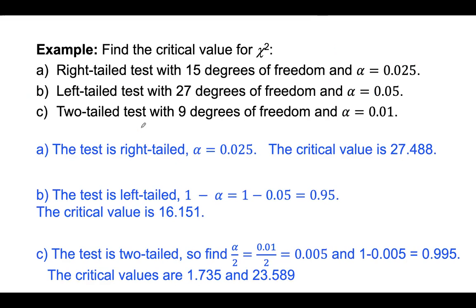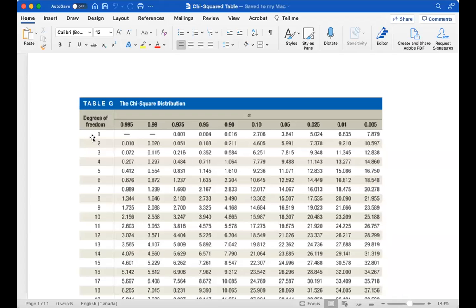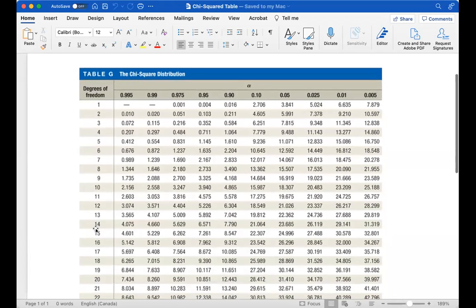So let's look at critical values for chi-square. For example, a right-tail test with 15 degrees of freedom and an alpha of 0.025. The question gave us the degrees of freedom, not n.